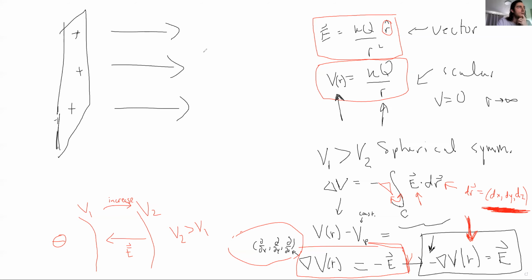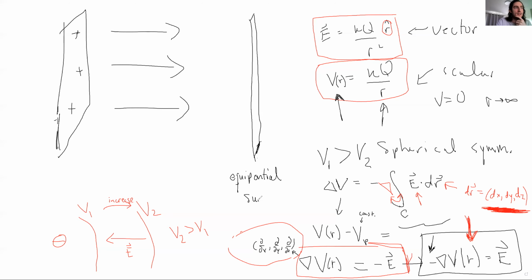Okay, so let me select this line here. Really, this is a plane. Select this plane. I claim that this plane here is an equipotential surface. I'll let you think about why this is an equipotential surface.